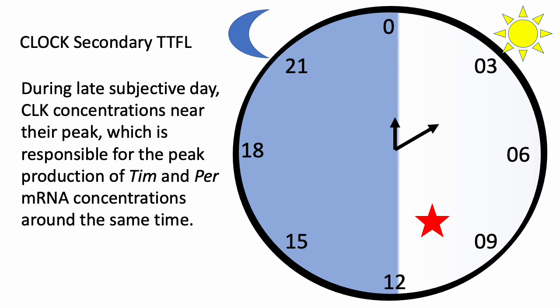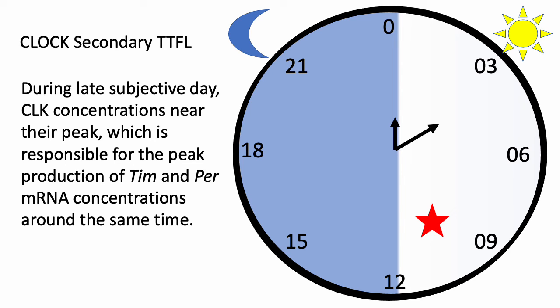Now let's take a look at our secondary transcription feedback loop. Specifically, we're taking a look at the production of the CLOCK protein. Indicated here by the star on our 24-hour clock, this is the time that we see the CLOCK protein concentrations near their peak.